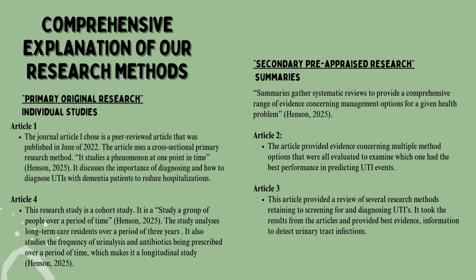Article 1 uses a cross-sectional research method, and Article 4 is a cohort study as well as a longitudinal study. For Articles 2 and 3, secondary pre-appraised research was used, specifically the summaries category. Summaries gather systematic reviews to provide a comprehensive range of evidence concerning management options for a given health problem.